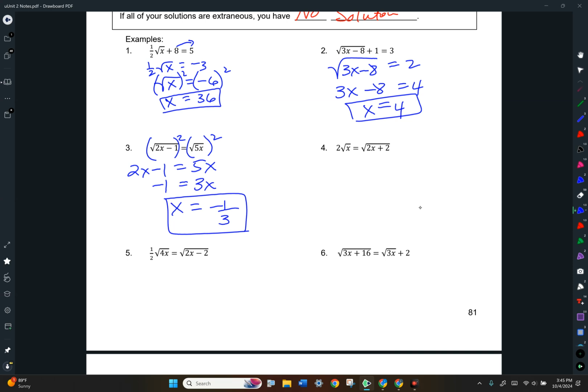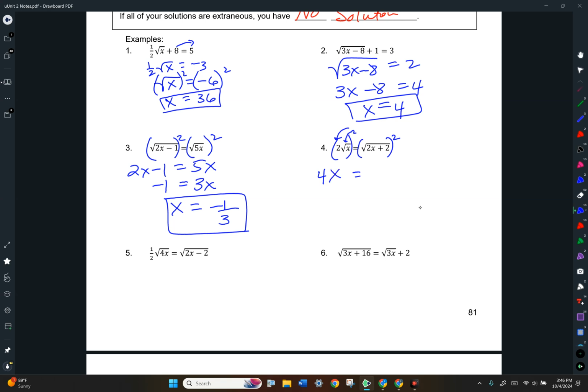Okay? Now, be careful on number 4. You could say to yourself, well, this square root of 2x plus 2 is by itself. That's true. So just be careful when you square both sides on this one. On the left, you have to square the 2, and you also have to square the square root. So you're actually going to have 4, and then when you square the square root, it's just x.